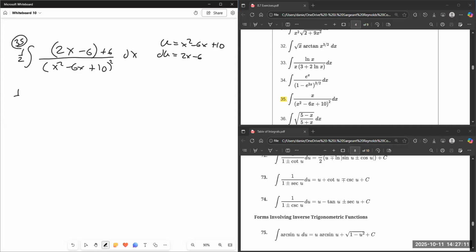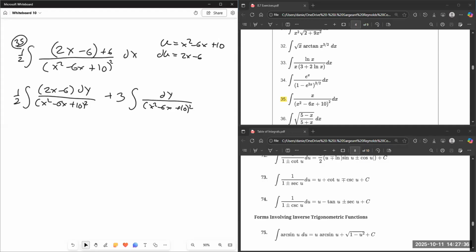I want to save this as 1/2 integral 2x minus 6 dx over x squared minus 6x plus 10 quantity squared. And then this 1/2 of 6 is going to be 3 integral of dx over x squared minus 6x plus 10 quantity squared.